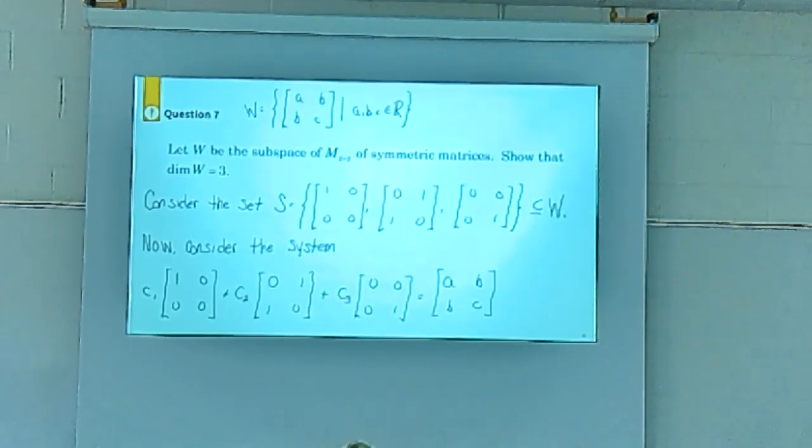And C2 equals B, right? C2 equals B, and look, C2 equals B. We get it twice.